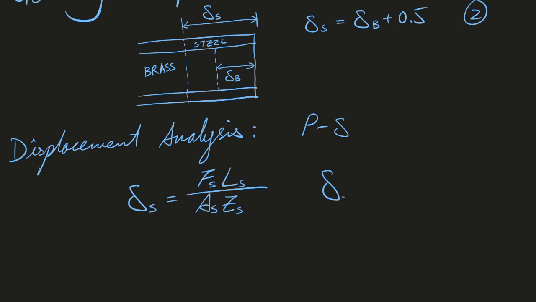Similarly, delta B, displacement of brass, is just the same relation but with all subscripts turned into B.